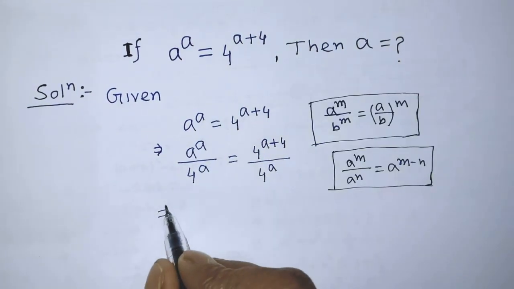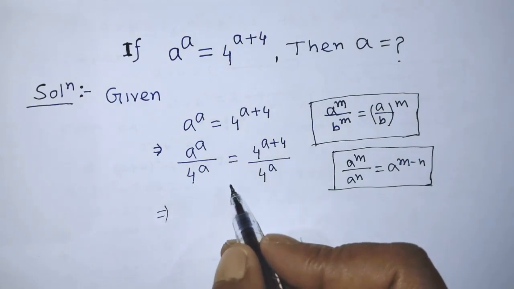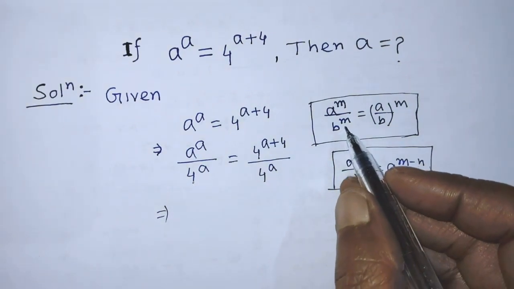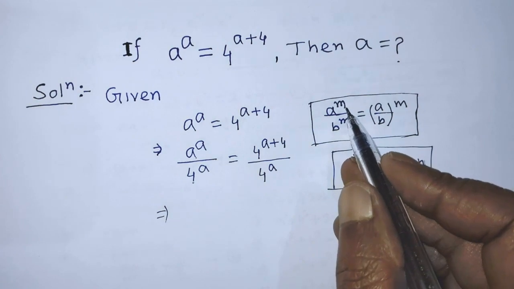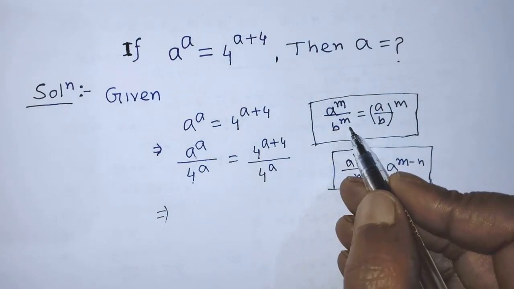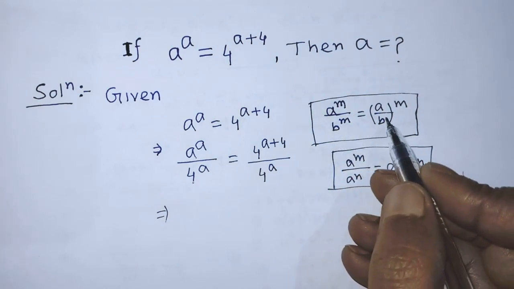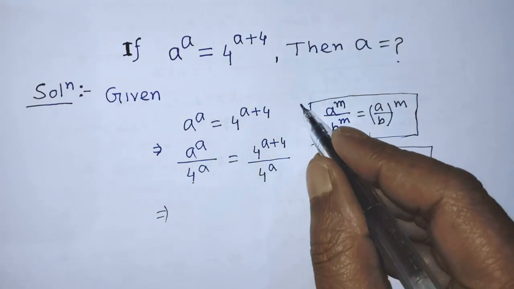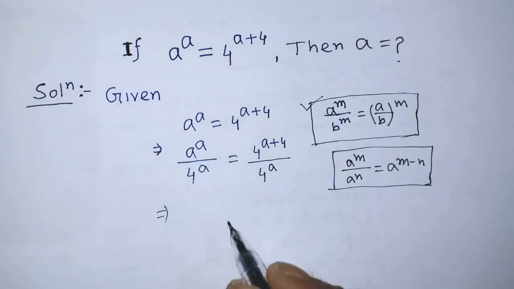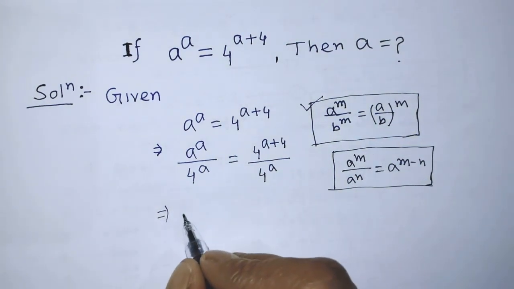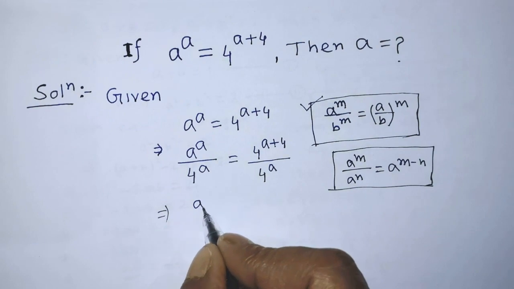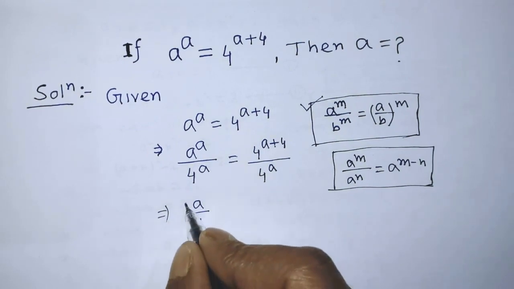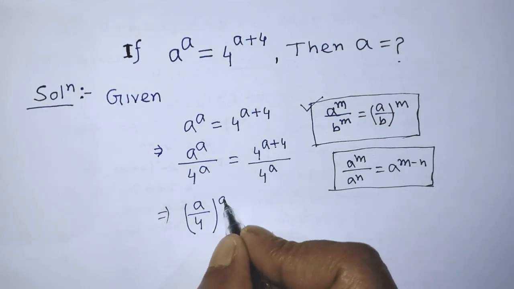So students, to simplify the left hand side of this equation we have to apply the formula a to the power m over b to the power m is equal to a over b whole to the power m. According to this formula we can write on the left hand side a over 4 whole to the power a.